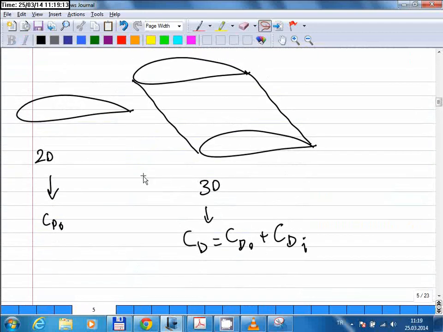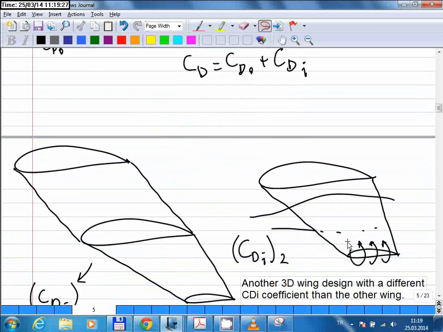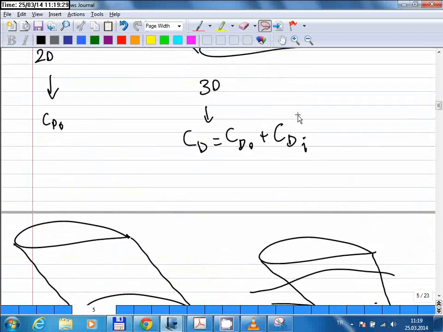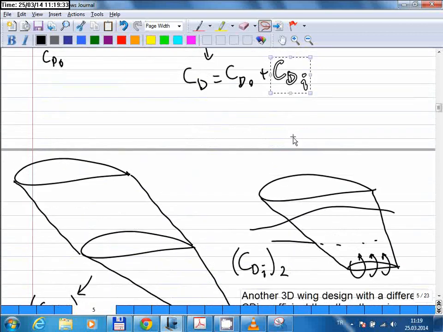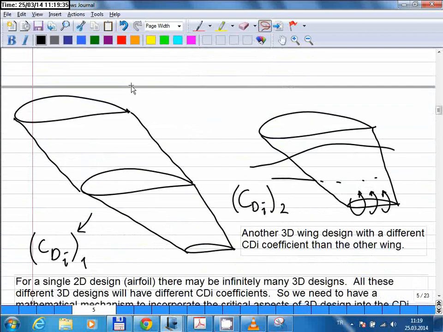So this is just the picture showing that. In the 2D case, you have just this part when there's no lift force. And in the 3D case, when there's lift force, there will be this additional drag component. If you think about what affects this part, the shape of the wing determines how much increased drag you have.